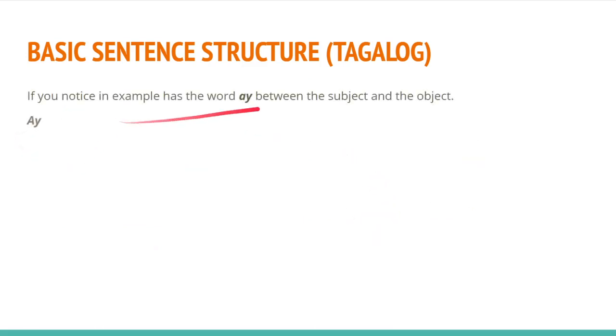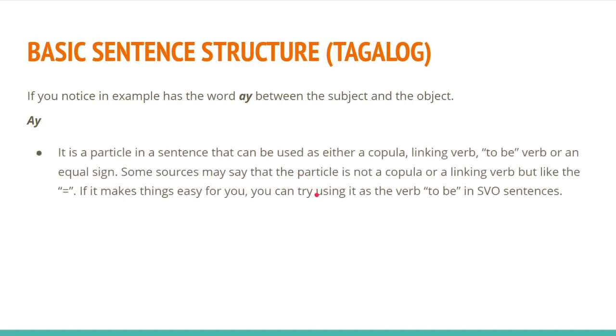If you notice, an example has the word "ay" between the subject and the object in the previous slide. So the first thing is that it is a particle in the sentence that can be used as either a copula or linking verb, like the to-be verb, or an equal sign.